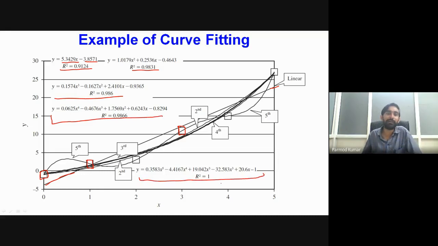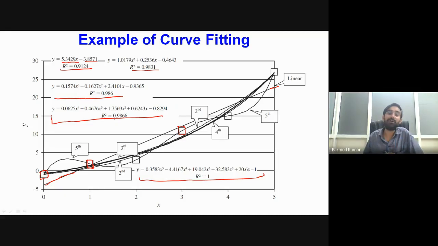You can see that when the order of the polynomial is increased from second to fifth, the second, third and fourth order polynomials closely match each other and the observed data set, and the corresponding r square values are of the order of 0.98.